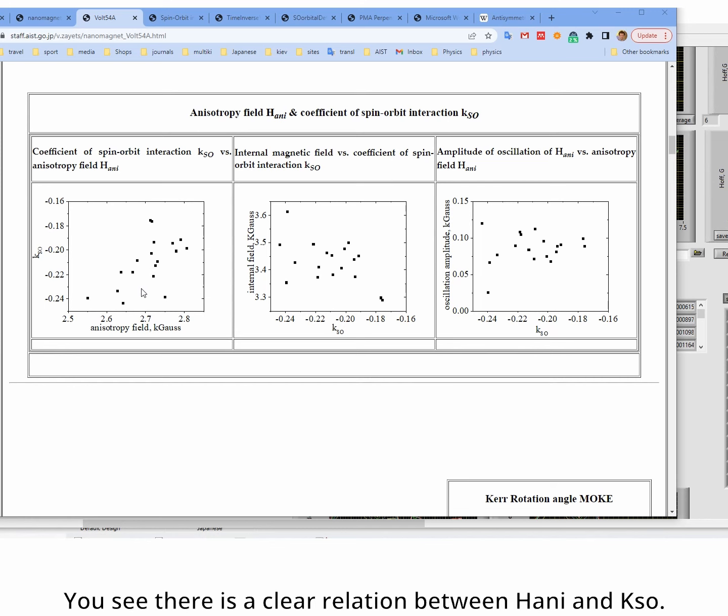You see there is a clear relation between anisotropy field and coefficient of spin-orbit interaction. A large coefficient of spin-orbit interaction corresponds to larger anisotropy field, meaning the slope of this dependency is positive.